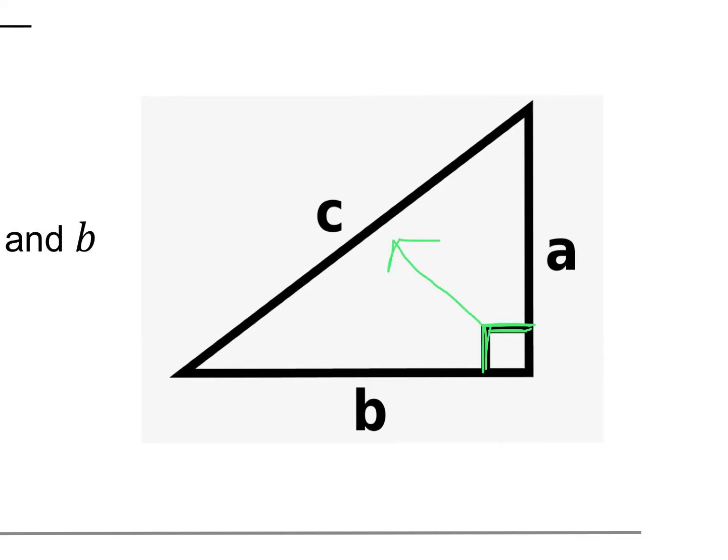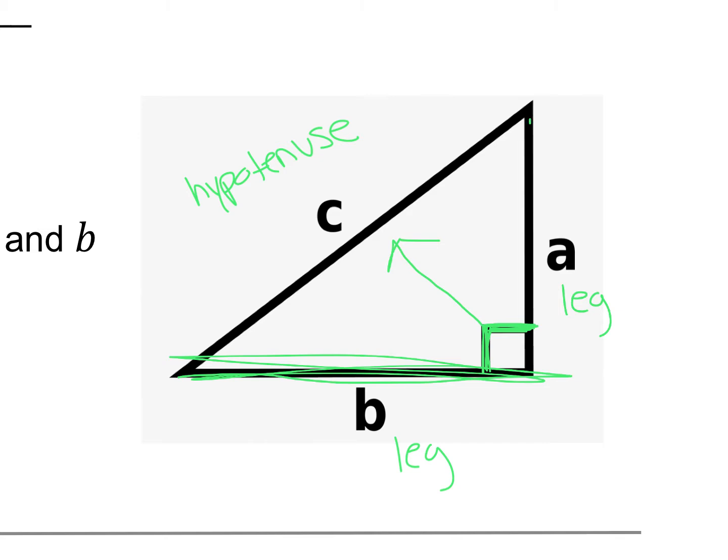So my c, or this long side, is going to be my hypotenuse. And then my legs are what's touching the box. So the box touches here, so that has to be a leg, and it touches on this side, so that has to be a leg. Now, a and b could be switched, but they do have to be the sides touching the 90-degree angle.